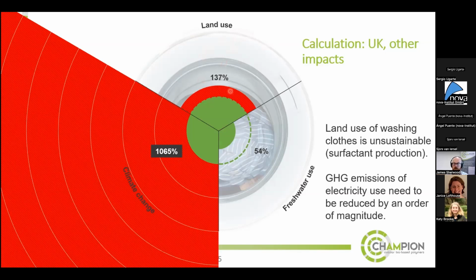Land use is also unsustainable, which is surprising, you might think, because you don't need much land to operate a washing machine and wash your clothes. But actually what happens is the detergent is made from surfactants. Surfactants are made from natural oils such as palm oil. The palm oil that's needed to make detergent is not very much, but because, if you remember way back, we gave most of the land that's available to agriculture, we have very little room to use land for things that aren't food, which is a bit of a problem.